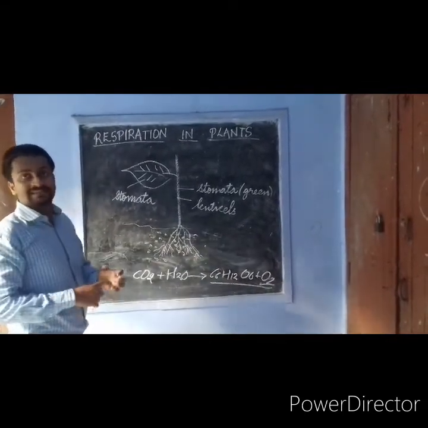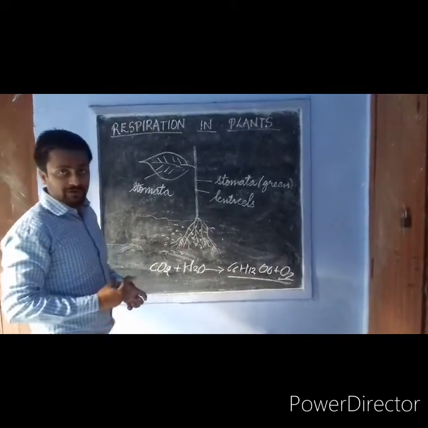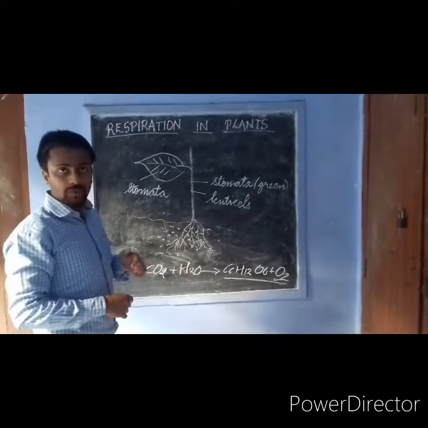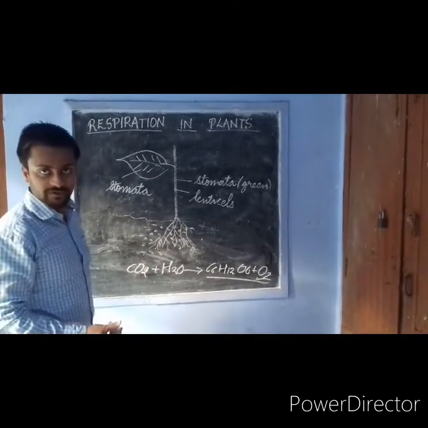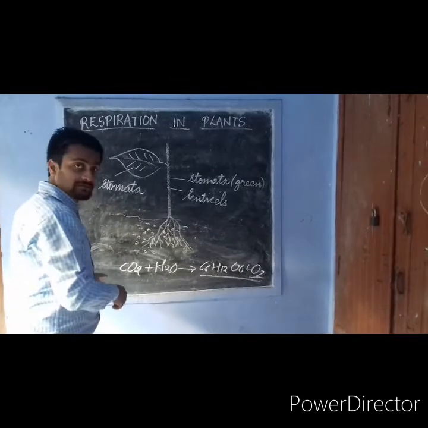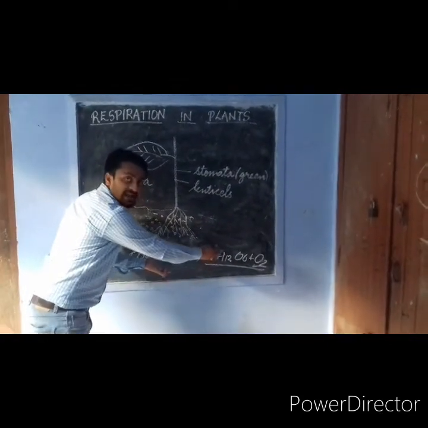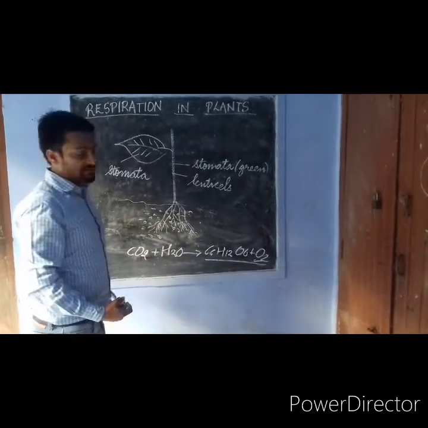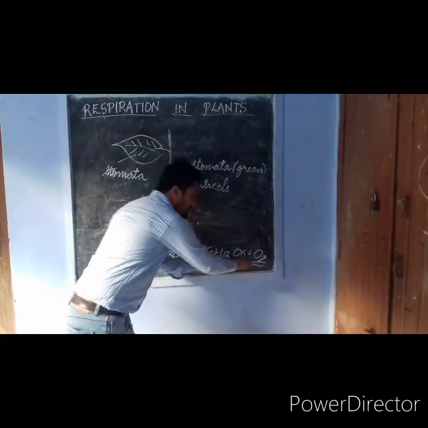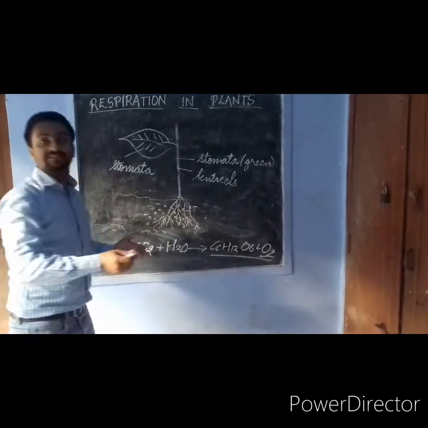So photosynthesis and respiration are two opposite processes. One involves the formation of food, while the other involves the breakdown of food. In one process, the carbon dioxide and the water combine to form food and release oxygen. In the other process, oxygen is used up and carbon dioxide, water and energy are released.